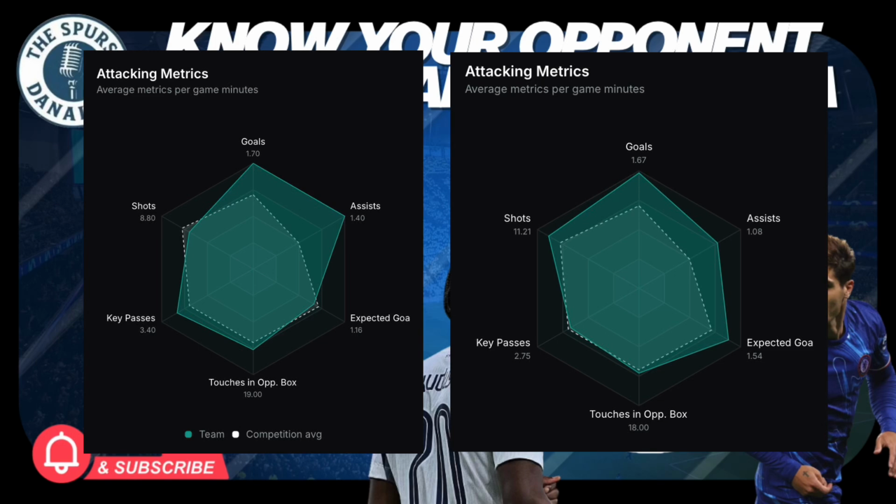So Chelsea's attack looks higher volume and higher quality, more shots, and noticeably higher xG. That suggests they either get into better shooting positions or their shots are in more dangerous areas. They're more likely to create goal scoring opportunities overall. Tottenham show stronger creative metrics and box presence, more key passes, more assists, and slightly more touches in the box.